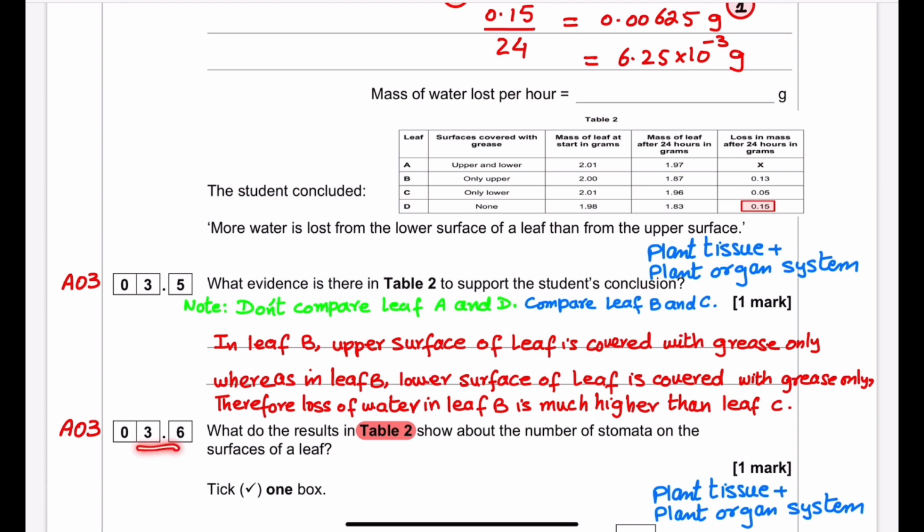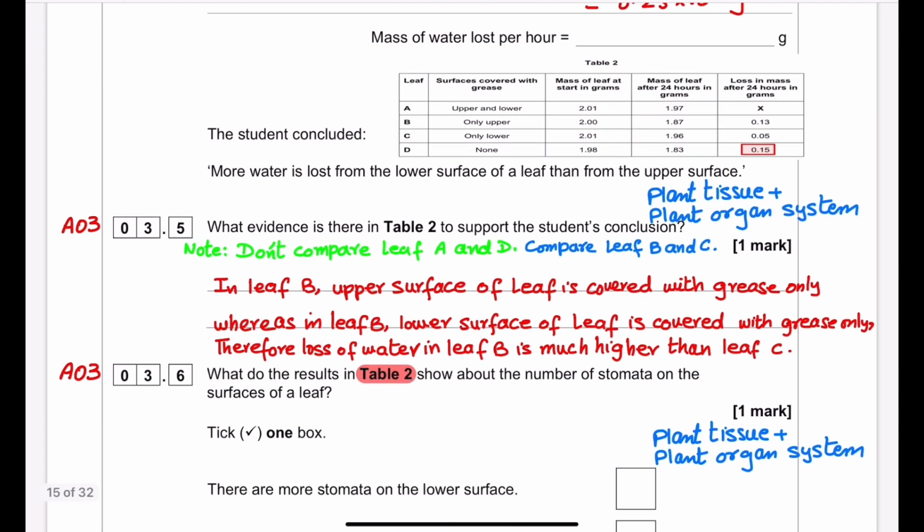3.6 is an AO3 question from the same topic. What do the results in table number 2 show about the number of stomata on the surface of a leaf? If we conclude our previous answer in 3.5, it is very clear there are more stomata on the lower surface of the leaf as compared to the upper surface of the leaf.